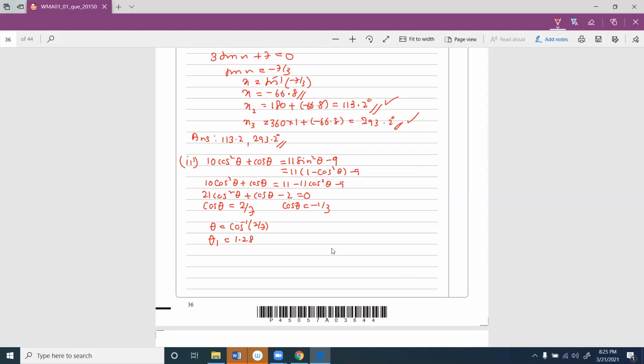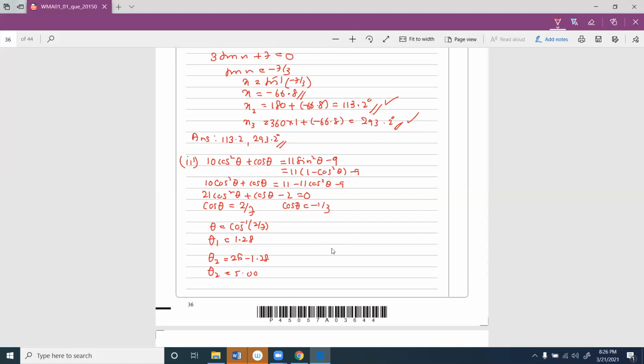It's the first part of it. The second part is 2 pi minus 1.28, which is exactly 5.